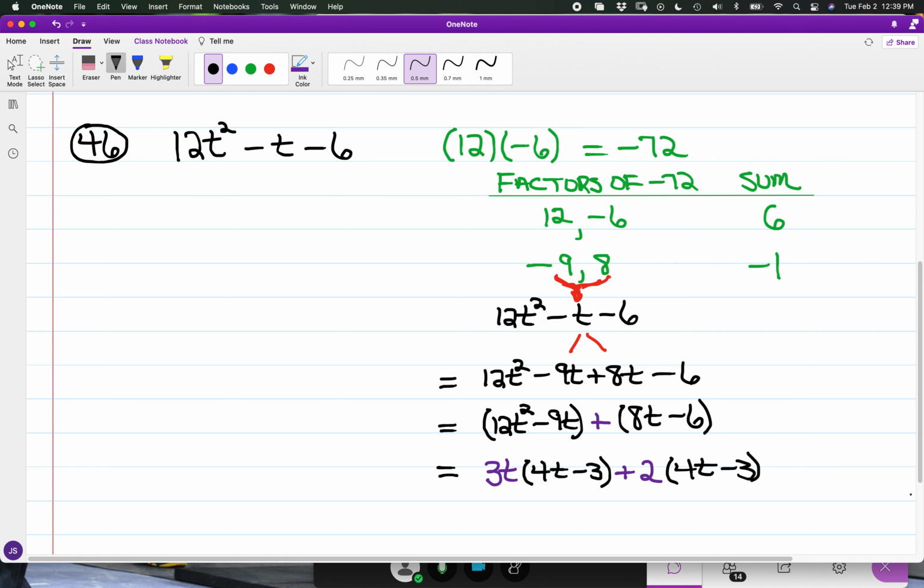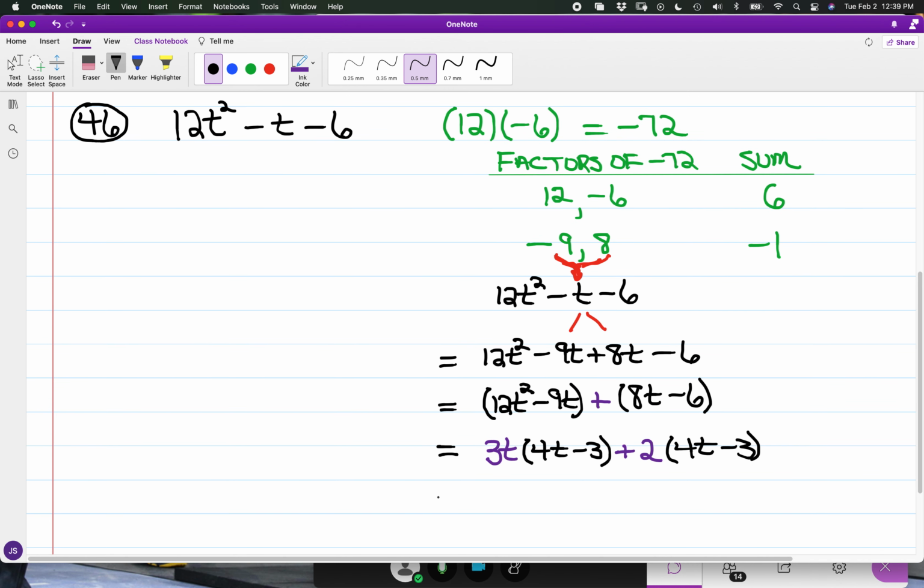And so with the groupings, notice we have a common binomial factor with 4t minus 3. That'll be one factor. And the other factor will consist of joining together the outside terms and operation.